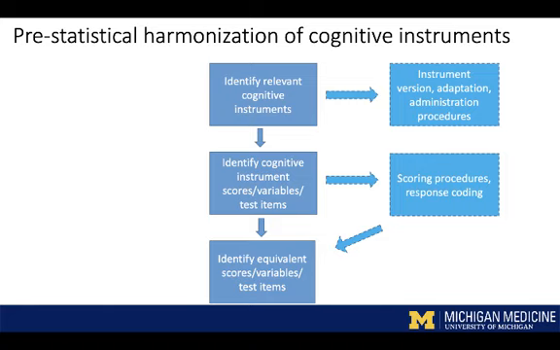Studies may adapt differentially lenient or stringent scoring criteria, again, based on their specific study needs. There may also be just differences in response coding, so the code that's used for a correct or incorrect response, and it's really important to capture all of that information.